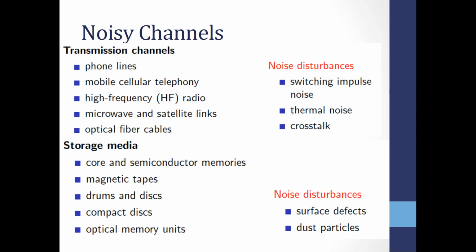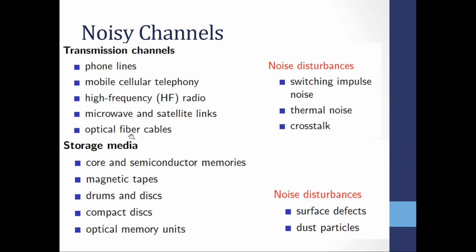So let's give some examples of noisy channels. Where do we see these noisy channels? In phone lines, mobile cellular telephony, high frequency HF radio, microwave and satellite links. Satellite links, for example, your TV, the dish on your home receiving signal from the satellite. The main source of errors is noise.